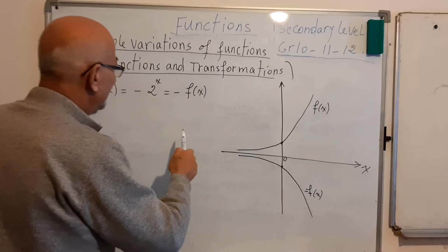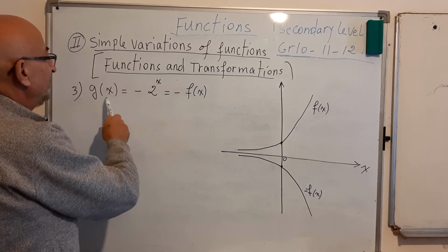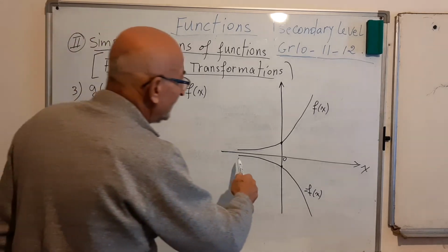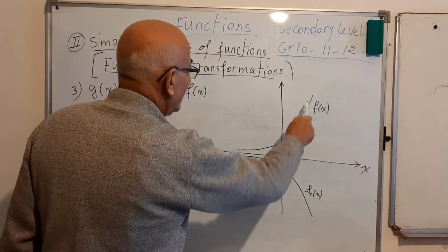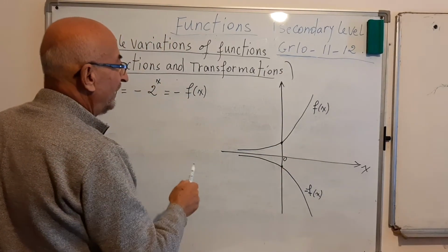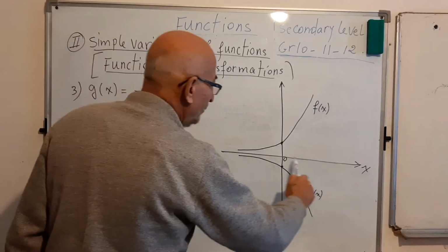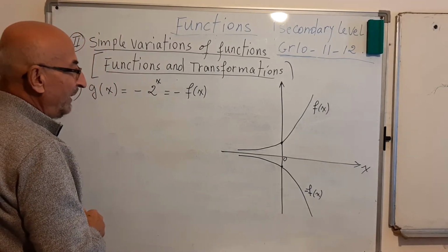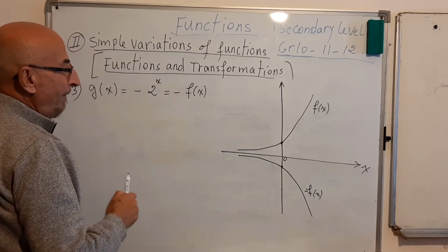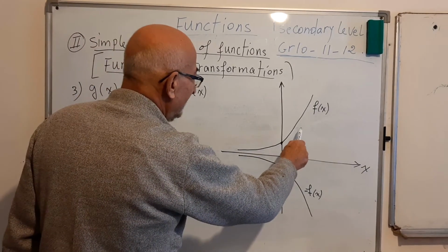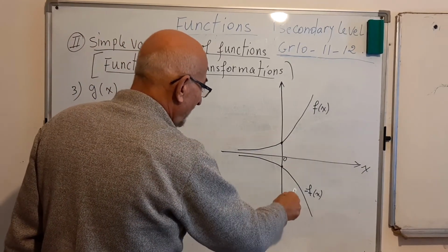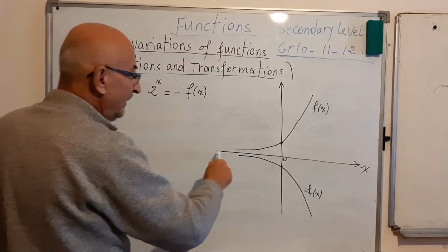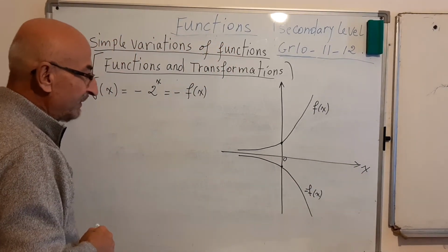The graph of g is the symmetric of the graph of f with respect to x prime x. C and C prime are symmetric with respect to x prime x.